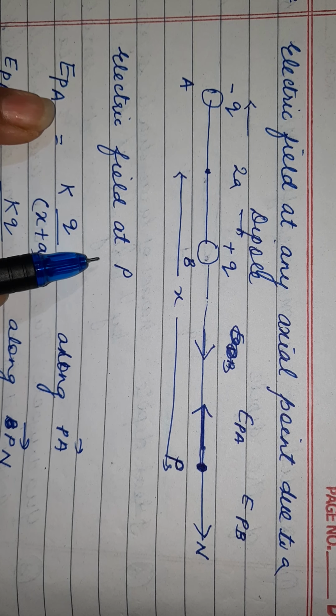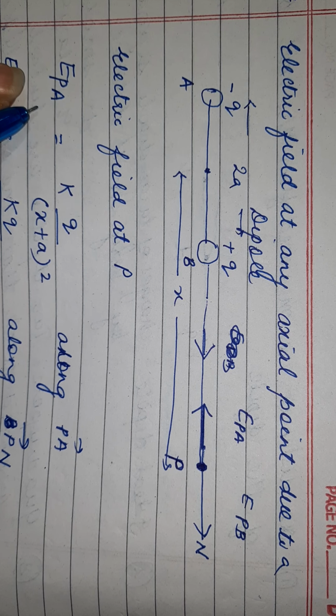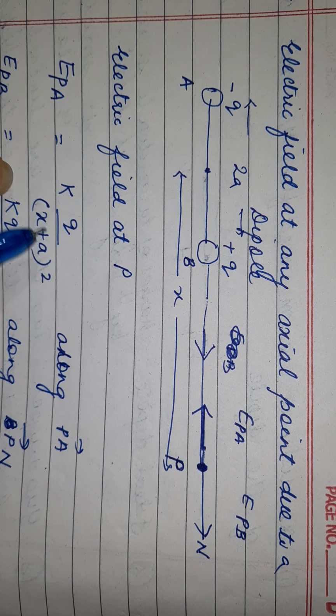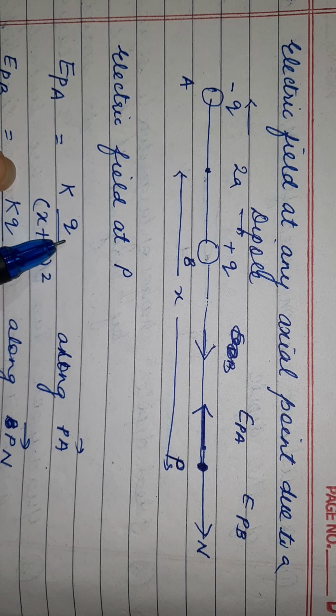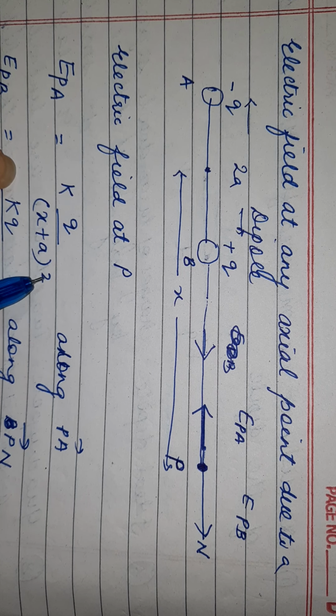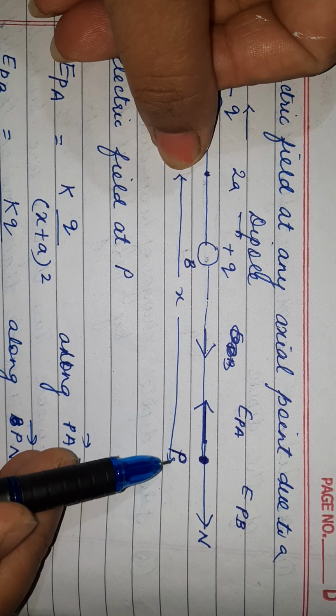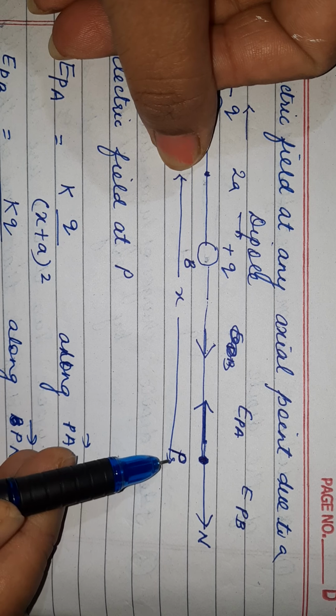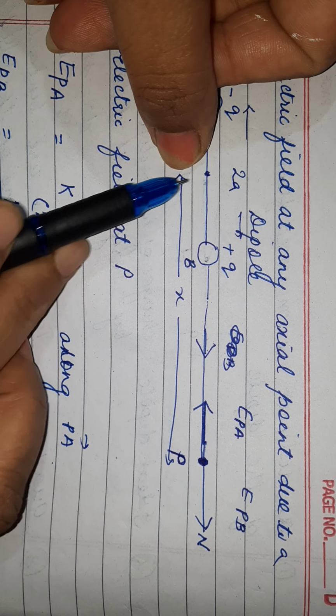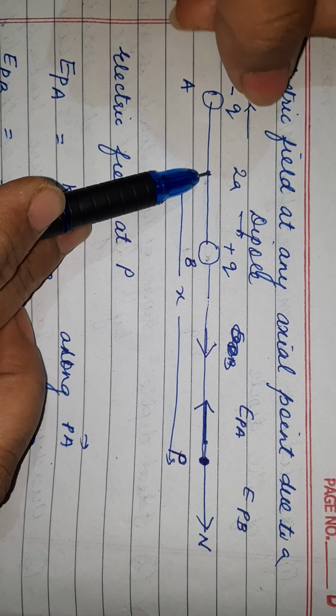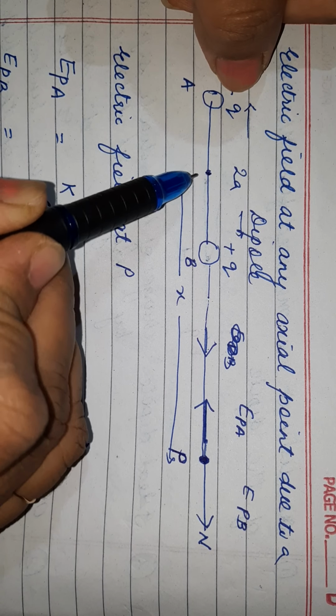So the electric field at P, E_PA, can be written as KQ upon (x plus a) whole squared. Now this is the distance. We have already discussed that all distances are measured from the center of the dipole. So this is the midpoint or the center of the dipole.